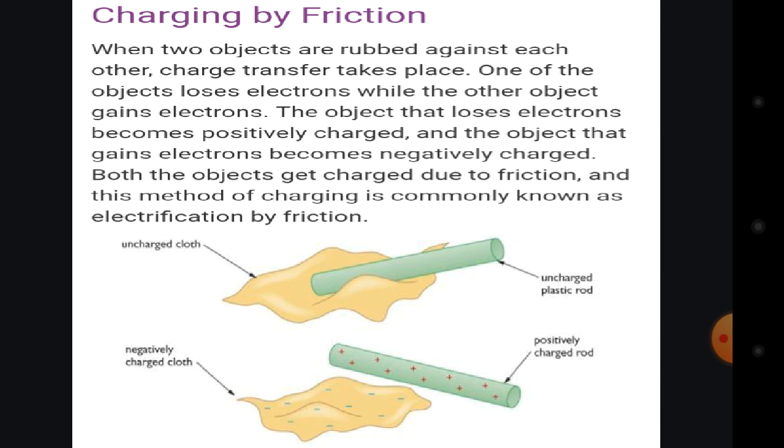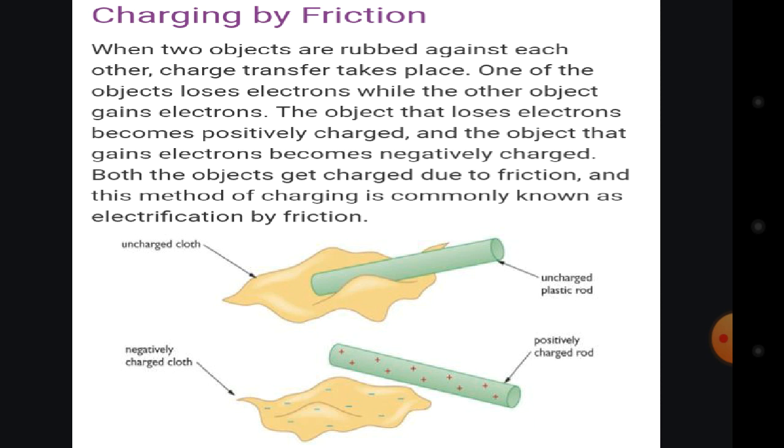Whenever those two objects, one loses electron and one gains electron, then we are able to produce a charge. The object that loses electrons becomes positively charged. The object that lost the electron has fewer electrons compared to the protons, because when we talk about the proton and the electron, we are talking about the positive charge and the negative charge.